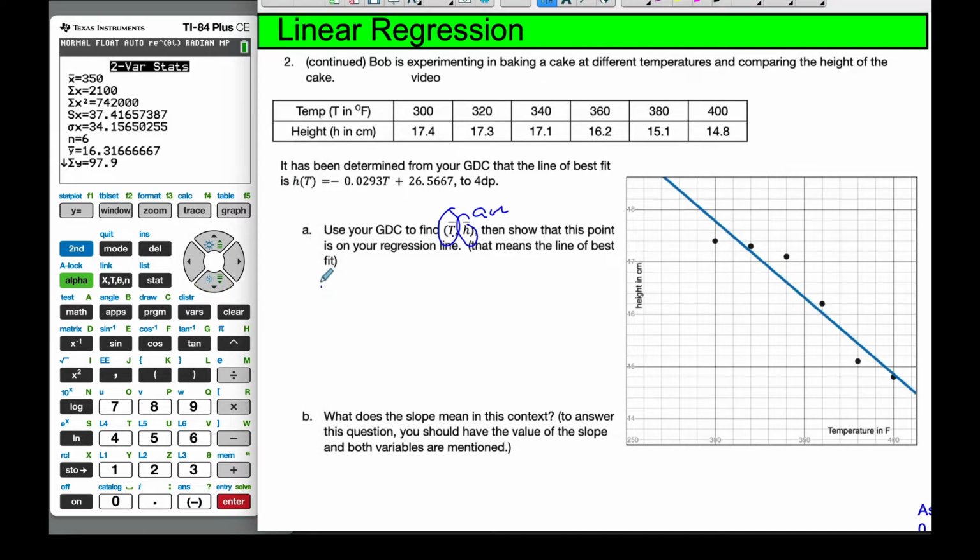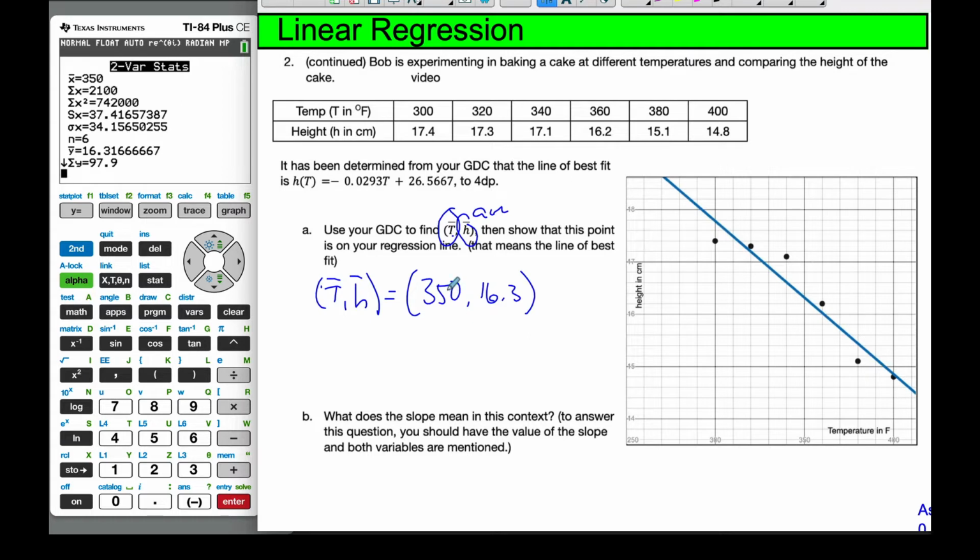And so if I use good notation T bar and H bar, I know T bar is equal to 350, and my H bar is 16.3. 16.3 is my average H value. And then what we want to do is show that this point is on the linear regression line.